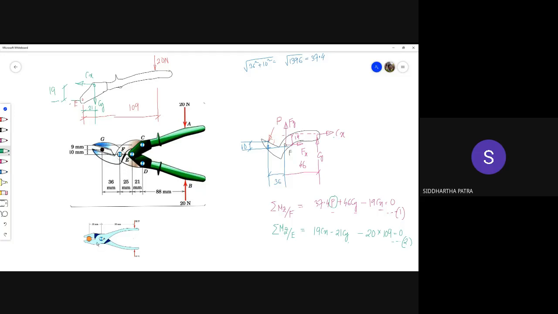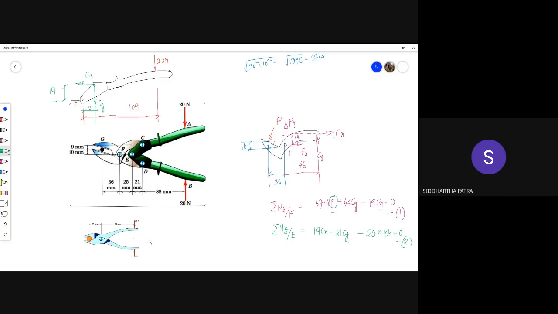One body could not be feeling Ax in the positive x and the other in the negative x. The geometry is symmetric, the loading is symmetric. That's what symmetry means. So in this situation, you can go with the argument that the x component of the force would be 0. And that is correct.